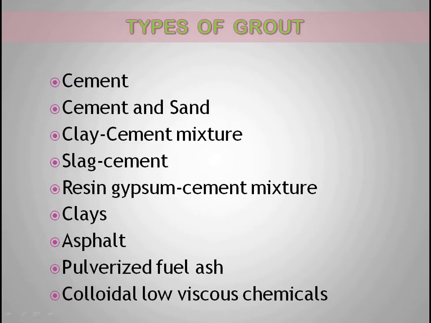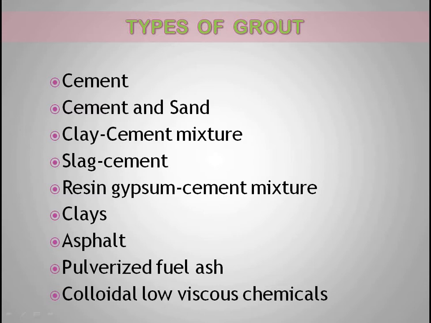So basically there are various types of grouts. The grouting materials are, you can use cement. This is the primary material normally employed in all types of grouting techniques. We can also mix cement and sand. Clay cement mixture can also be used or selected as a grouting material. Certain industries produce slags, so these are considered as a waste material nowadays, and the reuse of these materials is also of research importance, where many people are using these slags for further use.